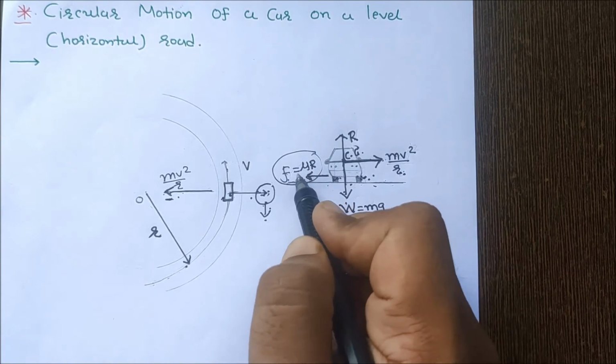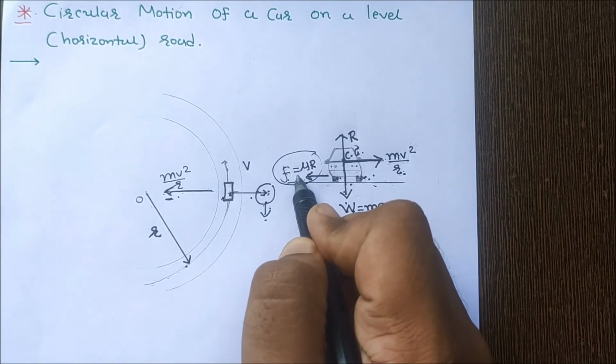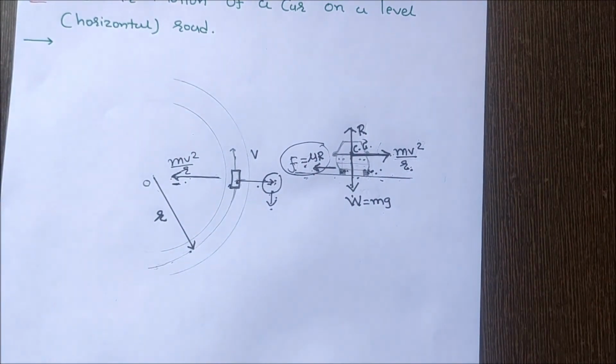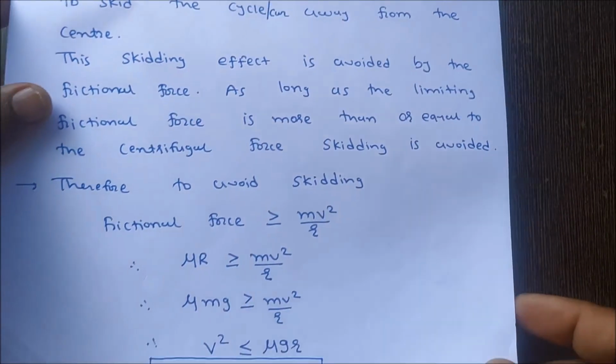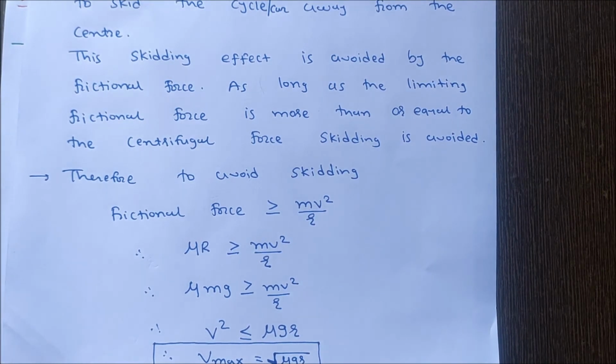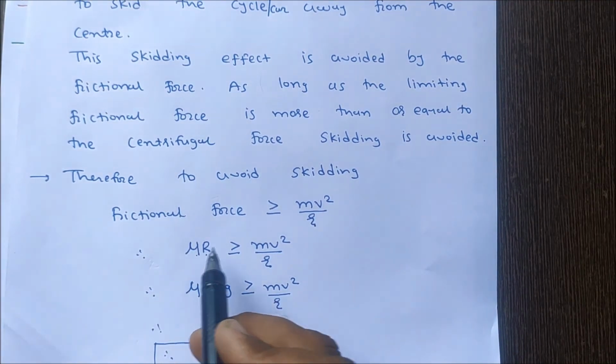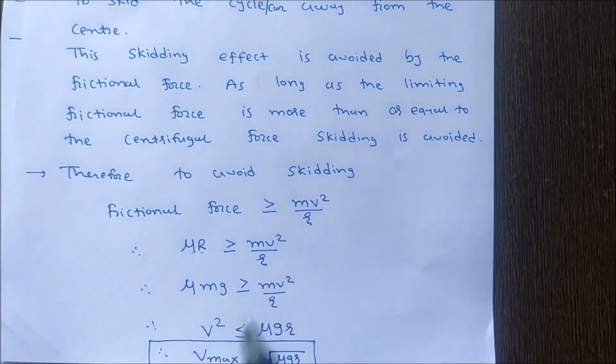As long as the limiting frictional force mu R is more than or equal to the centrifugal force, skidding is avoided. Therefore, to avoid skidding, frictional force must be greater than or equal to mv squared by r. So mu R is greater than or equal to mv squared by r.